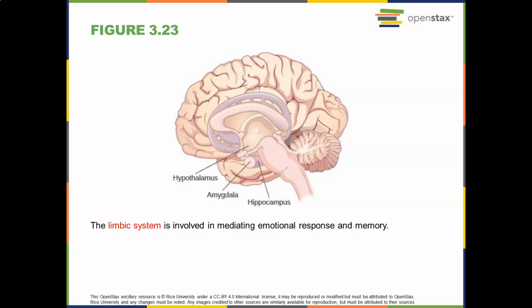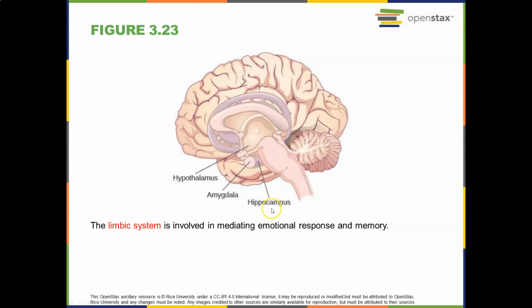Then there's something called the limbic system. Right here you can see the limbic system, we're pointing at three different structures of the brain, and they're called the hypothalamus, the amygdala, and the hippocampus. I would like you to be aware of a couple of these really quickly.